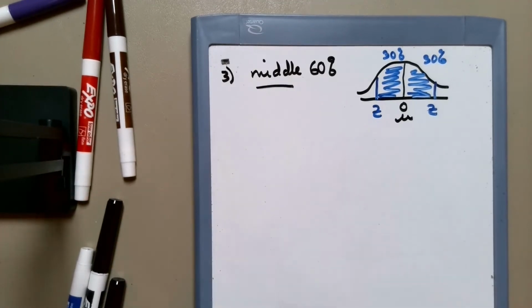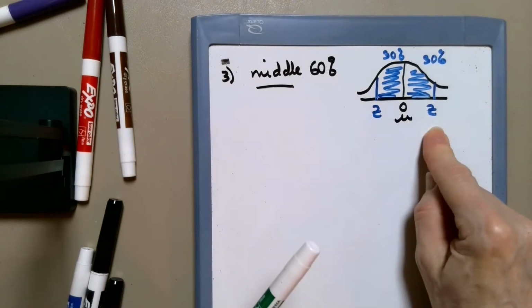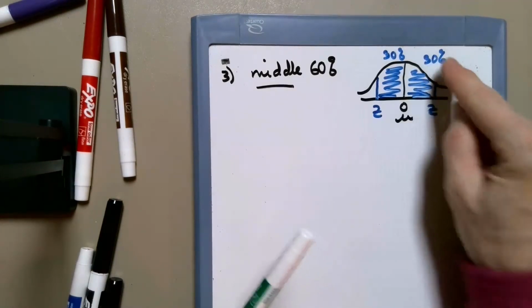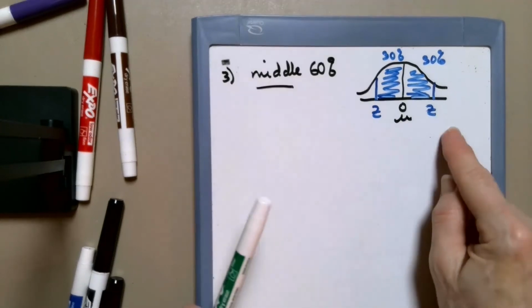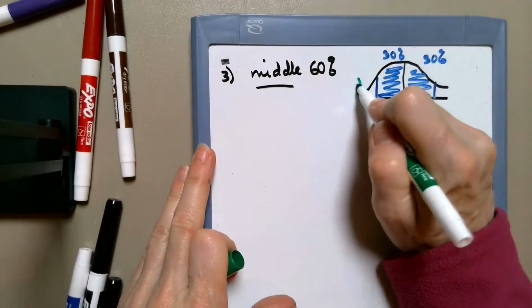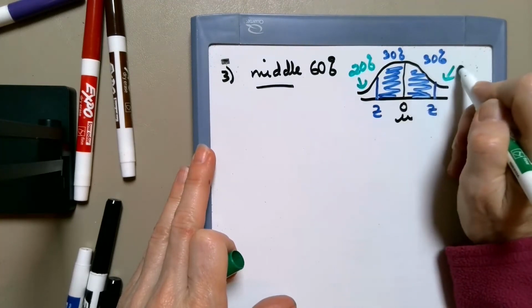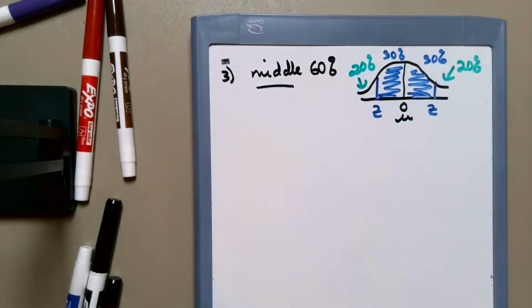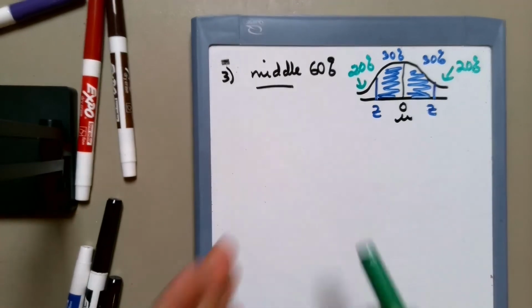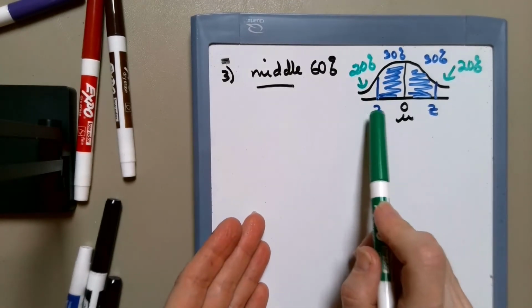Remember, the total area is 100%. If we take away the 60%, we've got 40% left, but we've got to split it on each side. So this left tail is 20% and the right tail is 20%, which makes 100% total, 50% on each side.